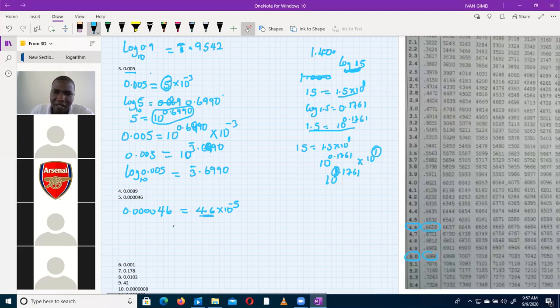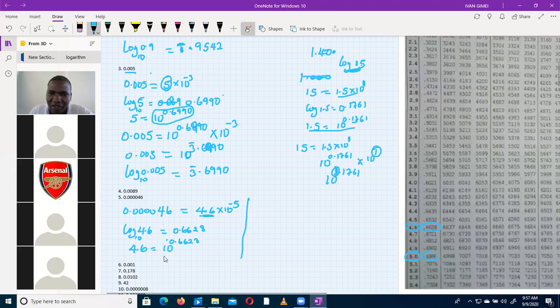0.6628. That means that the logarithm of 4.6 to base 10 is equivalent to 0.6628. That means that my 4.6 is equivalent to 10 to the power of 0.6628. Now what I'll do next is, where there is 4.6, I'm going to substitute.